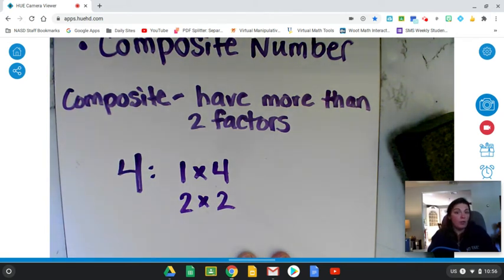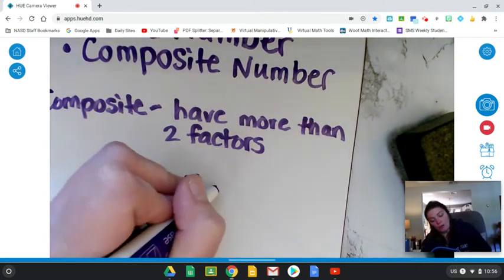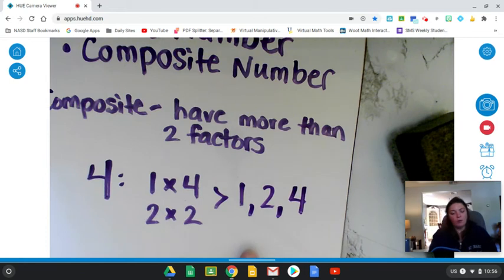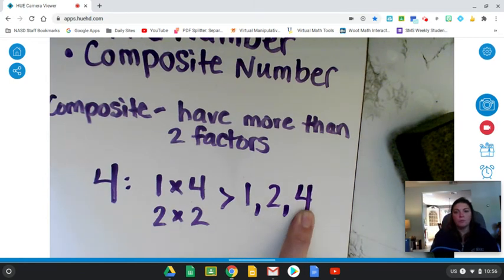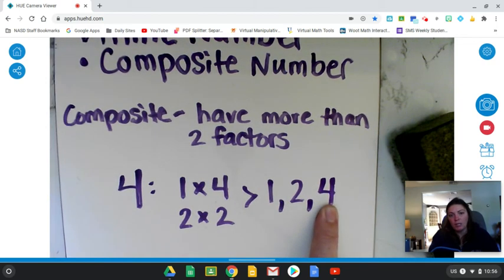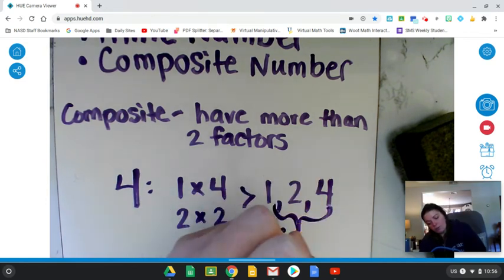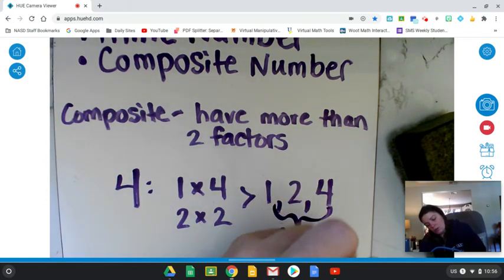So what are all the factors of 4? 1, 2, and 4. 4 has 3 factors. Notice I wrote them in order from least to greatest. That's a good habit to get into. I didn't write the 2 twice because you don't need to.